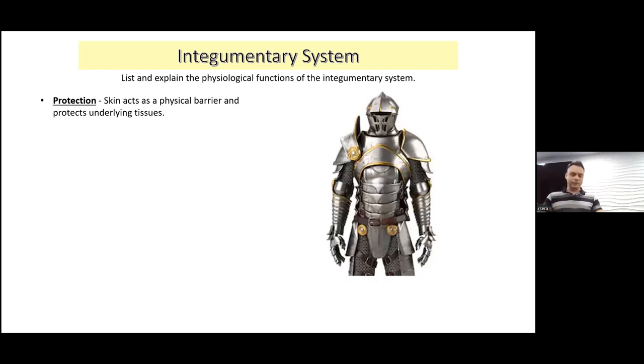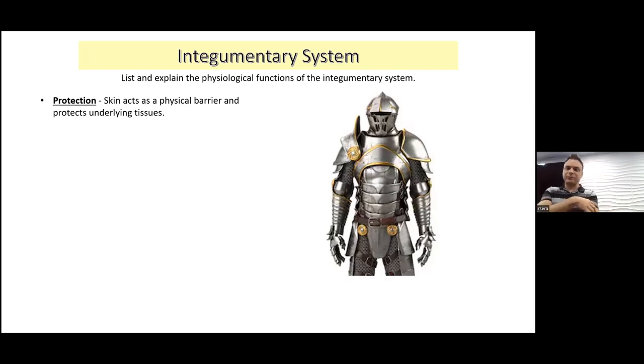One, it's a barrier. We all know that if we get a cut and something gets into that cut, it can get infected, and that's not a good situation, right? So one, it physically stops dirt, right? If you were to throw dirt at me, it would just flake off my skin. But on the surface of your skin, you also have a microcosmic world of bacteria and all these other things.